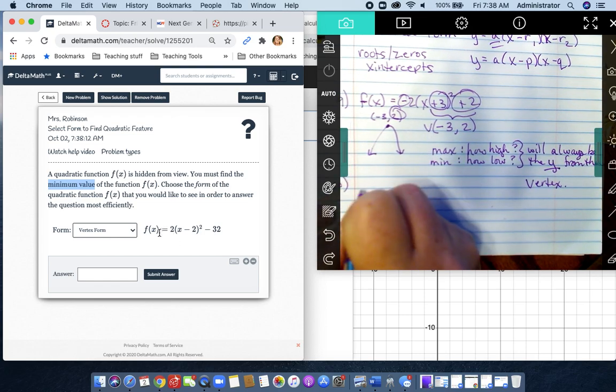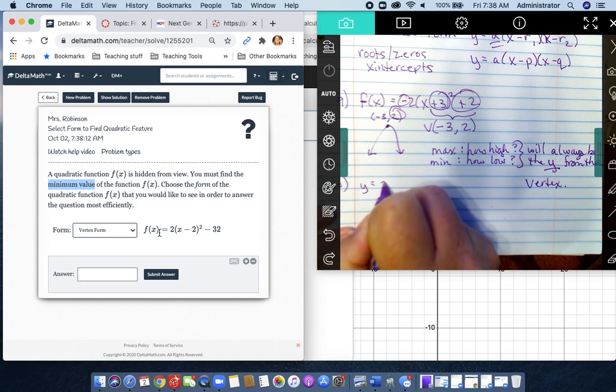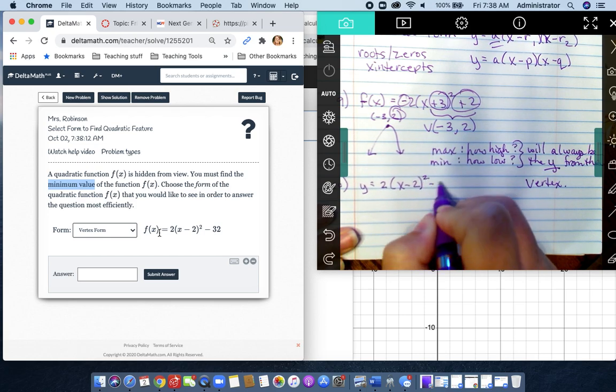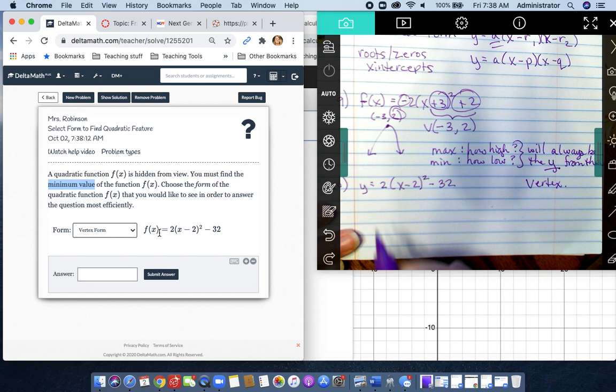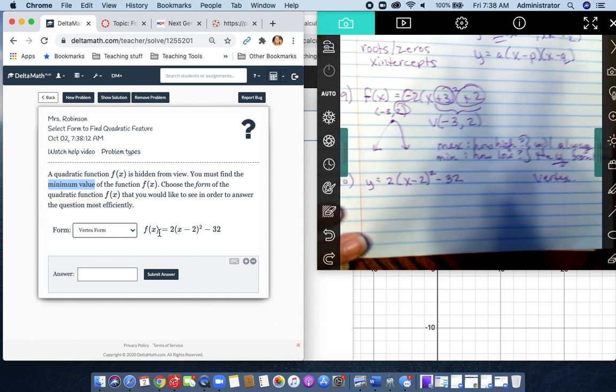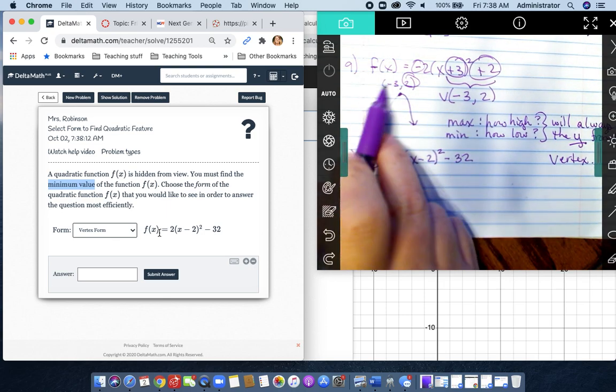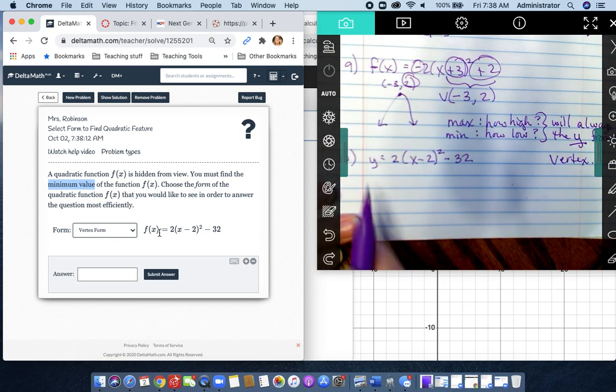So I'll make this shorter here. Y or f of x, it means the same thing. F of x, by the way, is just function notation for y, while y is just a simple form. Think function fancy, but f of x really just means y.